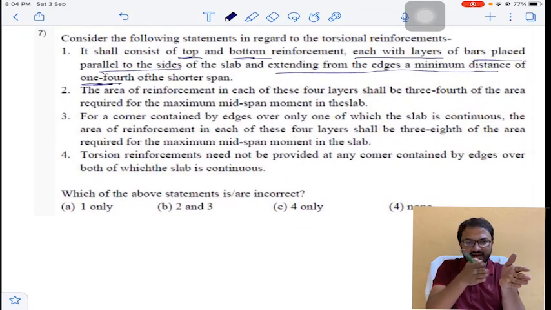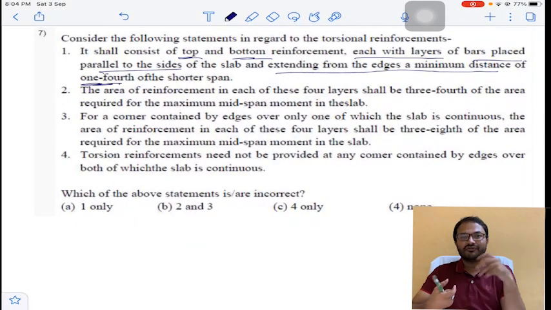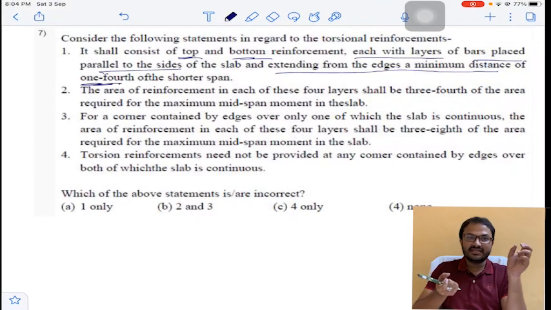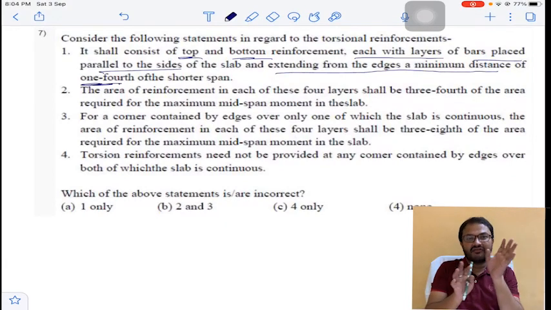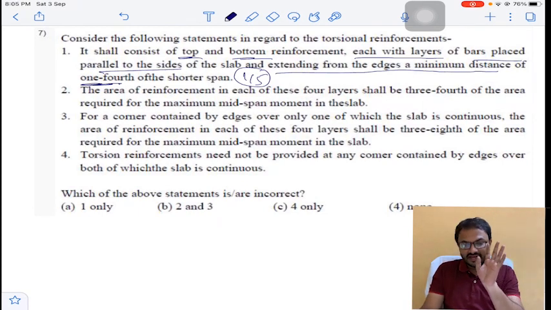So that is from the edge, the minimum extension required is 1/4. That is, he has given the extension as 1/4 in the given statement. But what does IS 456 say? The extension is not 1/4, it is 1/5 of the shorter span. Okay, so for that reason, statement 1 is wrong.